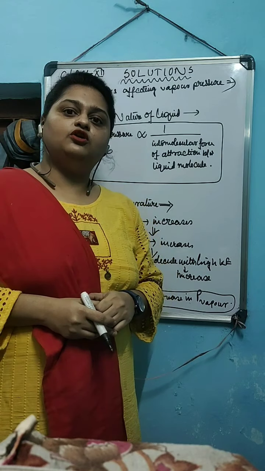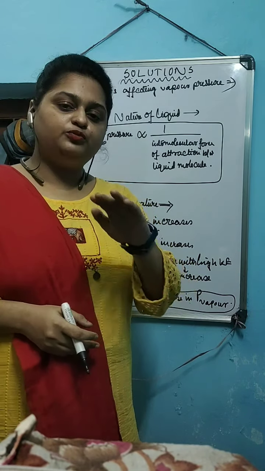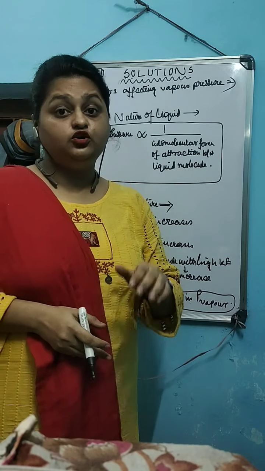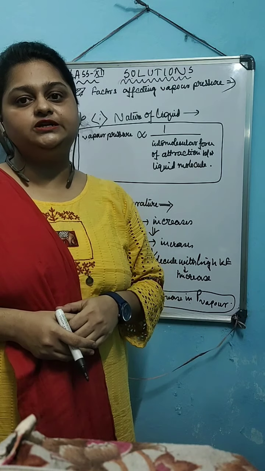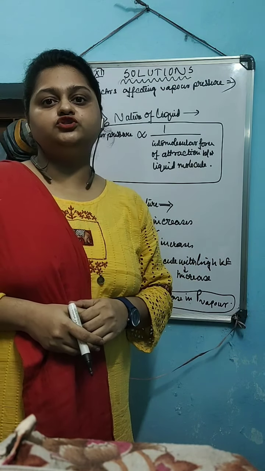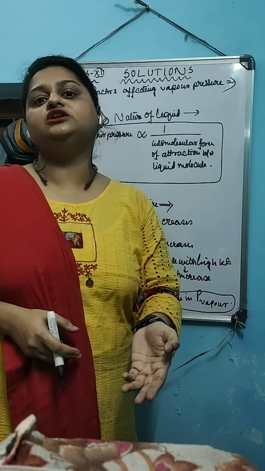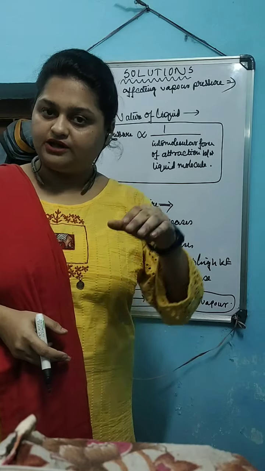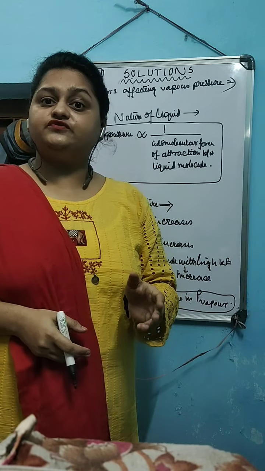That's why those kinds of molecules possess low vapor pressure. Contrary to that, liquids in which the intermolecular force of attraction is weaker are more likely to leave the liquid state and pass on to the vapor state, and for them the vapor pressure is very high.